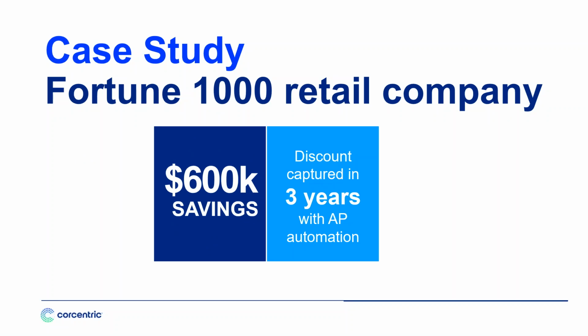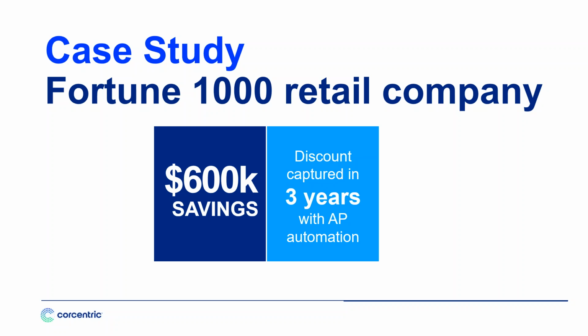Their processing time was slow and they were having trouble achieving cash discounts. They were more in the 52% category that we talked about than the 74%, because the validation, the accuracy, and the approval process were slow. Guess what happens when you do that? You miss your cash discounts.